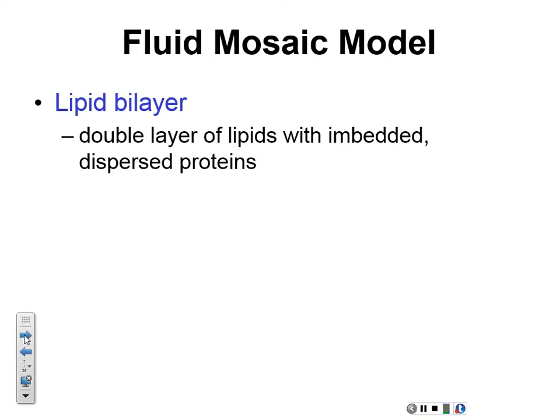So the structure of the cell membrane is the fluid mosaic model. All right? Because it's got the very fluid two layers of lipids like this, and then it's got proteins in it. Sometimes some of the proteins don't go through. So you got this kind of arrangement right here.